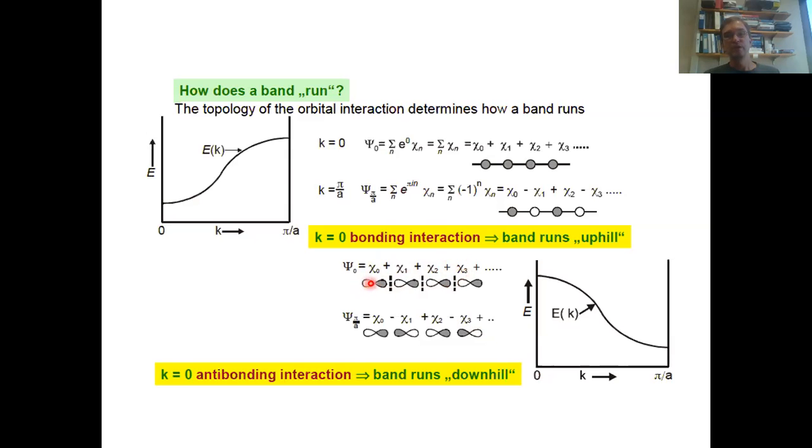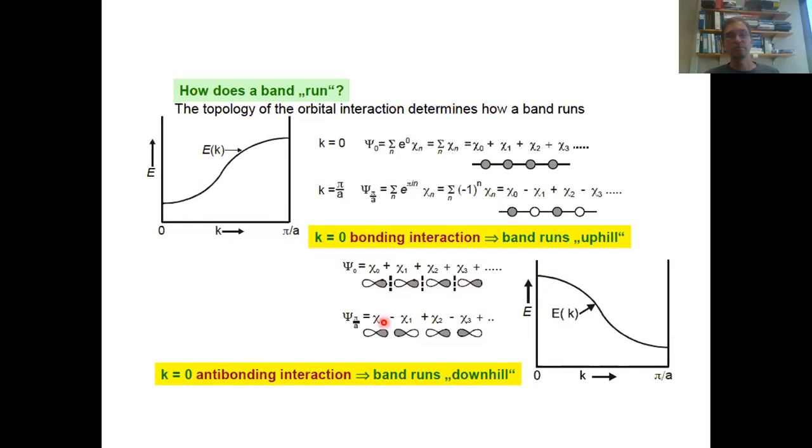If they're all just lined up and the algebraic sign never changes, then you only have interbonding interactions, so the interbonding interactions are being maximized. This lobe here, which is positive, would overlap with this lobe here, which is negative, and so forth. So at k equal to 0, the energy would be maximized. You would find the crystal orbital with the highest energy.